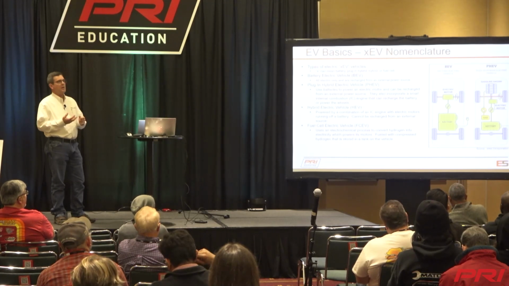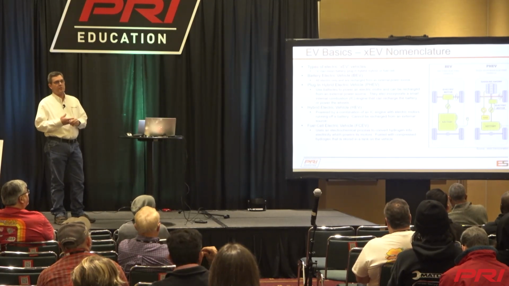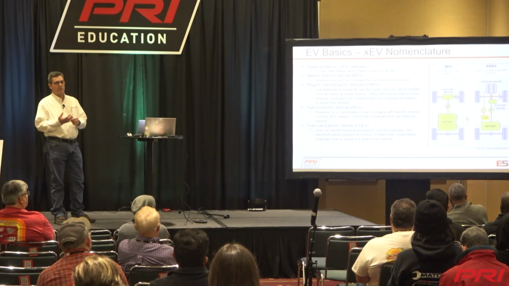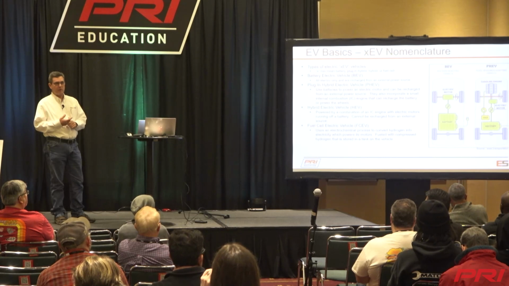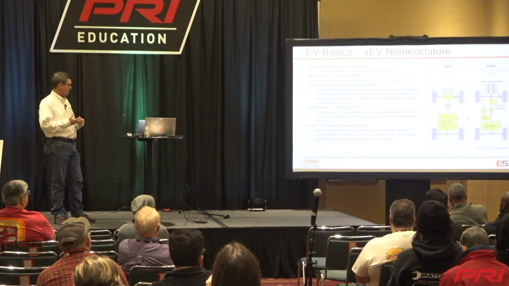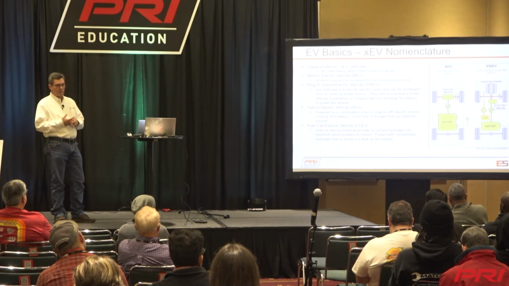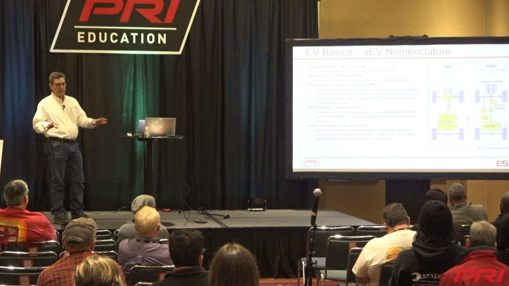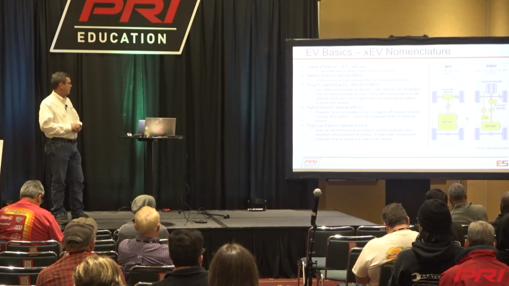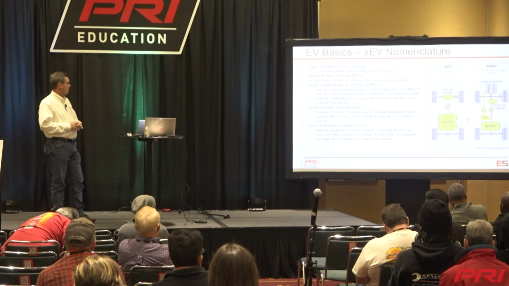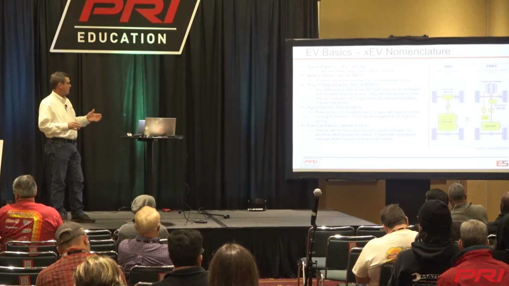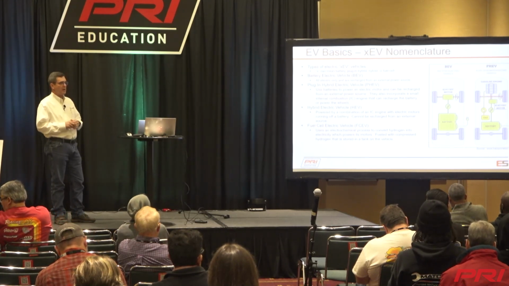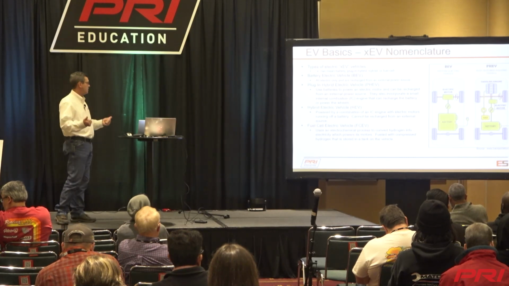But you can also plug it in to charge the battery. So you can get your electricity either from plugging it in or from running that secondary power source, the ICE. A hybrid electric, we call it HEV, has no plug-in option. You're powered by the IC engine or the electric motor or a combination of both. So the IC engine has to do all the charging.